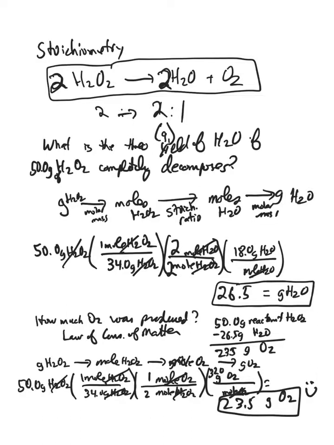And that's just rounding error. If we're limited by the number of sig figs, we may be off by plus or minus 1 in that last digit. And so don't let that cause you consternation if that were to happen. So this is another example of stoichiometry.